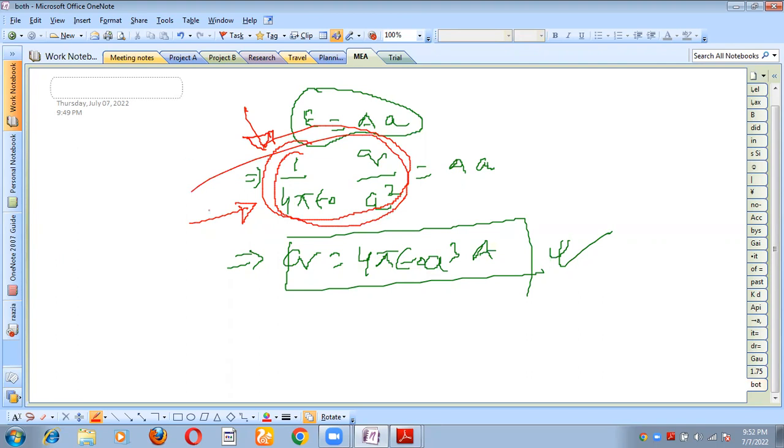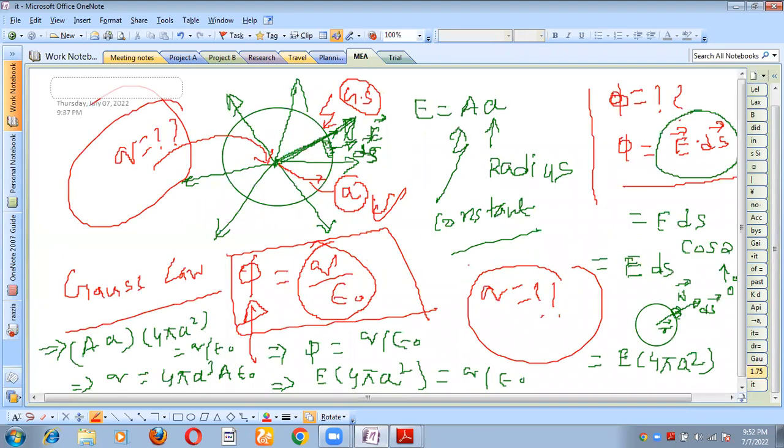You are getting what I'm trying to say? Yes, sir. So sometimes we are getting the right result by applying some other concept, but I will suggest you to apply Gauss law. That is always correct, whatever the electric field.